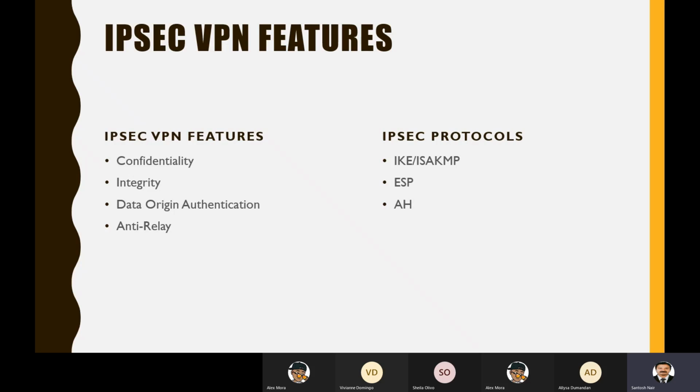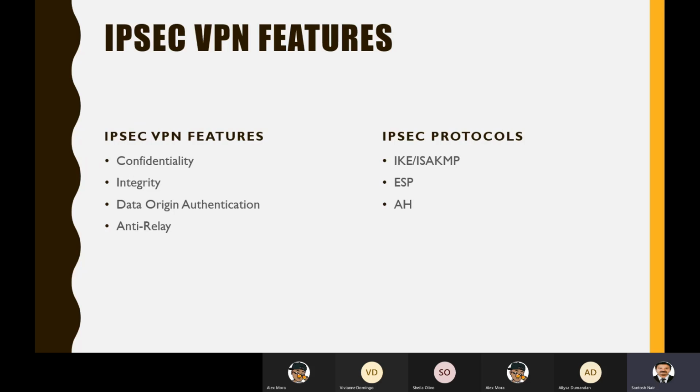So that is the first thing, encryption, confidentiality. And what do we achieve with encryption? Confidentiality is what we achieve with encryption. So if we want to send the data confidentially to somebody else, we will encrypt the data.